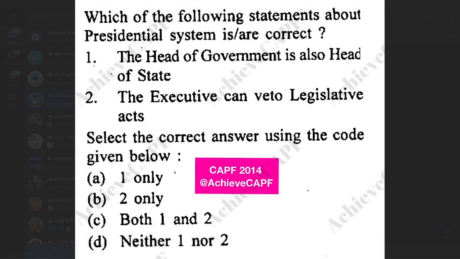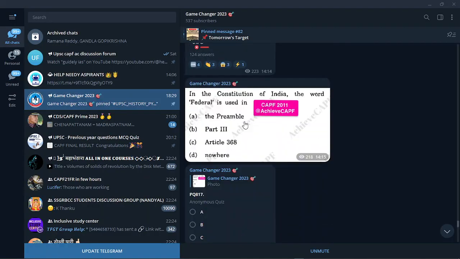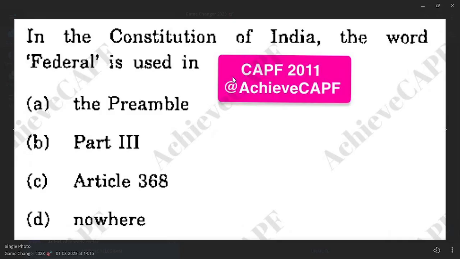You can see that in USA. Like any order, any acts by government can be vetoed by a president or someone like that. In the constitution of India, the word federal is used in federal law? Nowhere.